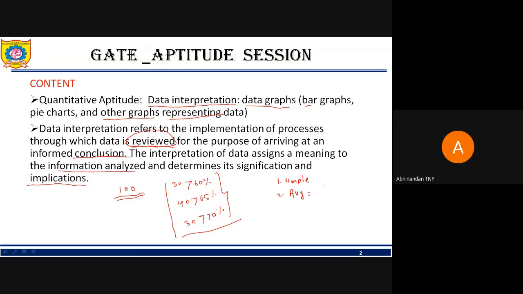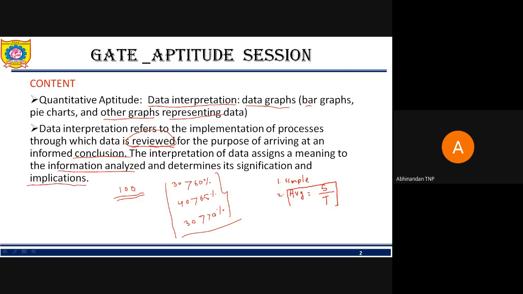Average is equal to the sum of the observations divided by the total number of observations. This is the formula to calculate the average.